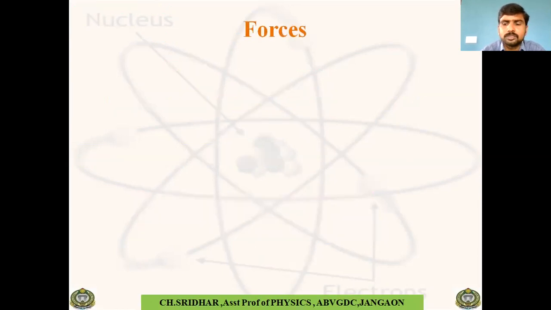Then the force. So what is the force that keeps the nucleons in the nucleus together without any repulsion? Since there are protons which have positive charges, they are like charges, so there is a chance of repulsion due to the electrostatic force of repulsion.